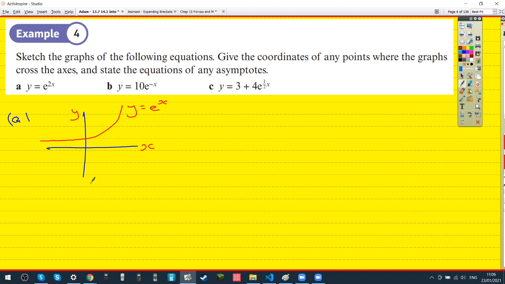So what would y equals e to the 2x look like? Would it be lower? I think it might be a bit like you'd half all the x coordinates. It's a stretch in the x direction, scale factor 2. So I think it'd be kind of like that.